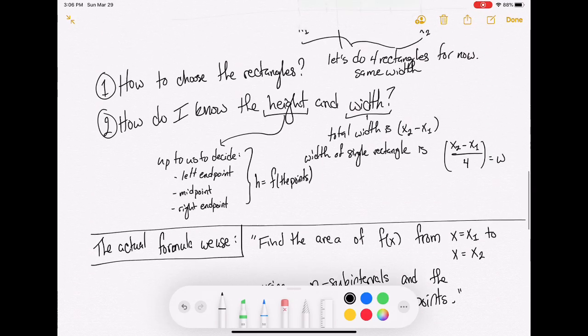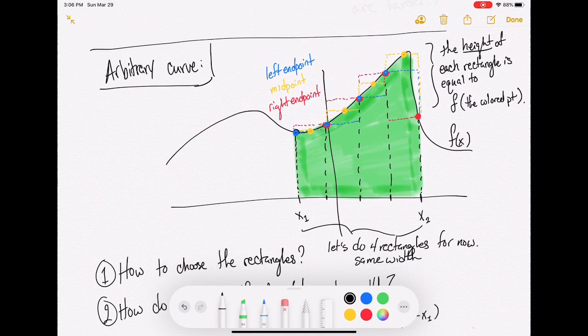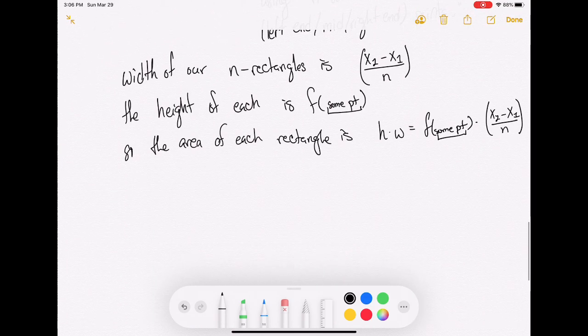But to find the total area, I would end up adding 4 rectangles together. So the total area will be all rectangles added together.